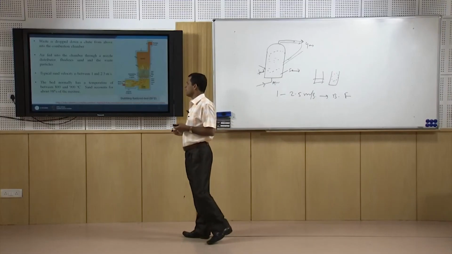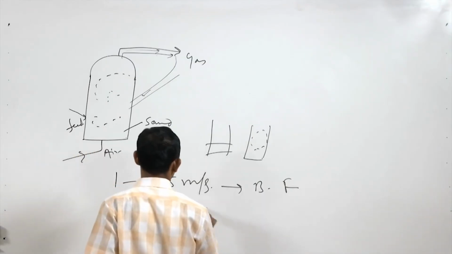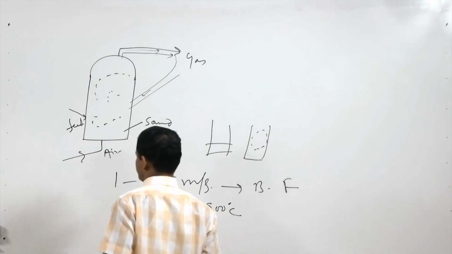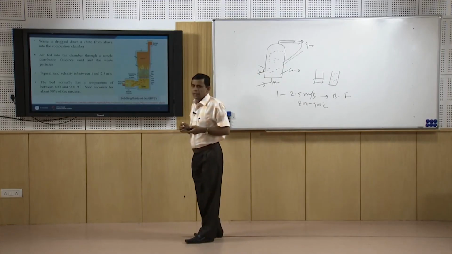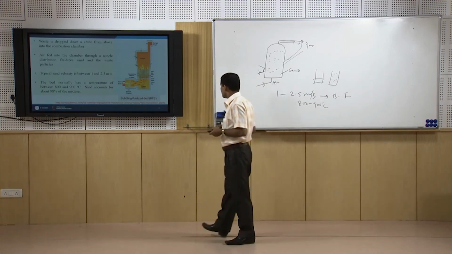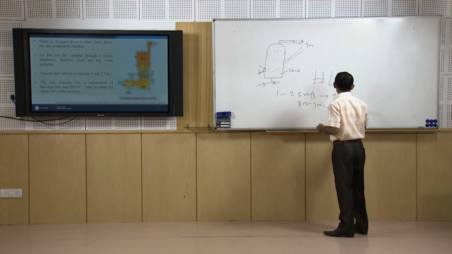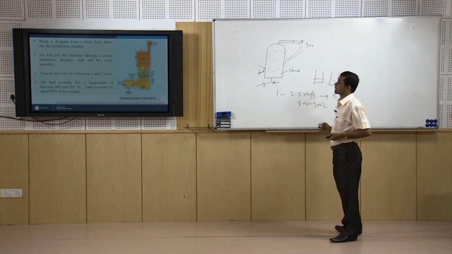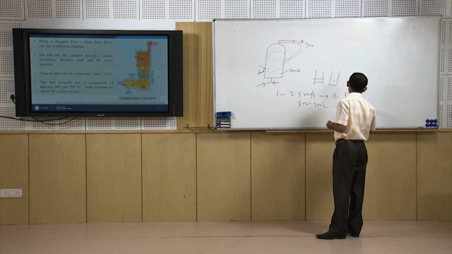The bed normally has a temperature of 800 to 900 degree centigrade. It is very interesting that sand makes up around 98% of the mixture.